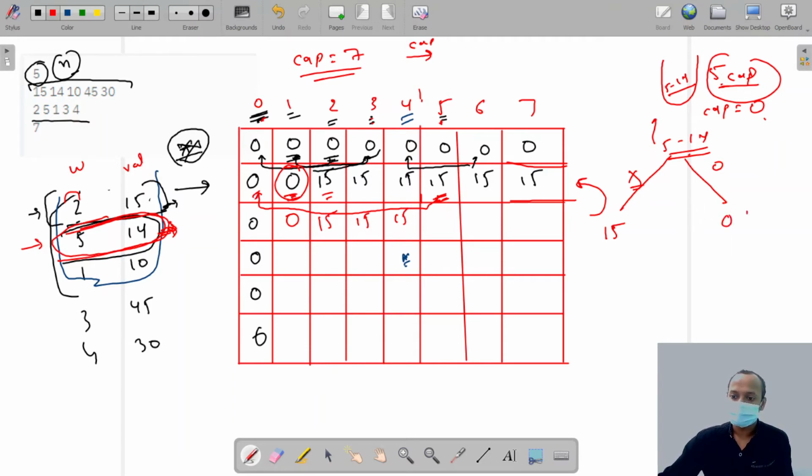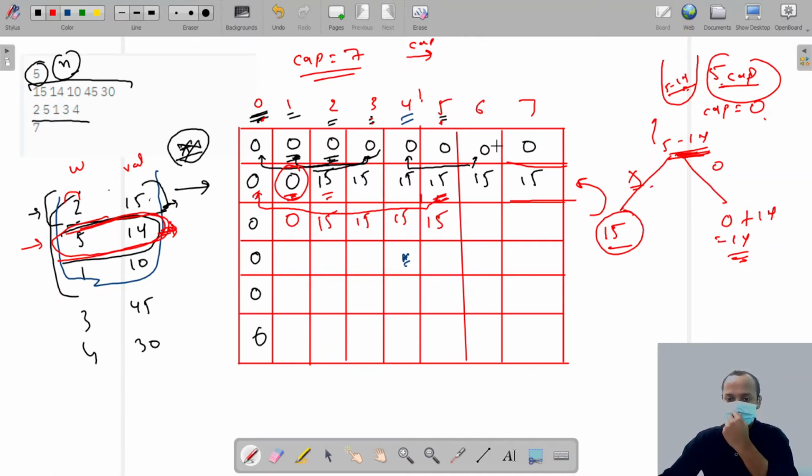So we write 0 plus the value of this item, that is 14. So if we include this item we get 14, and if we exclude this item we get 15. So we don't put this item, because the maximum value we get is without it. So I'm writing 15.